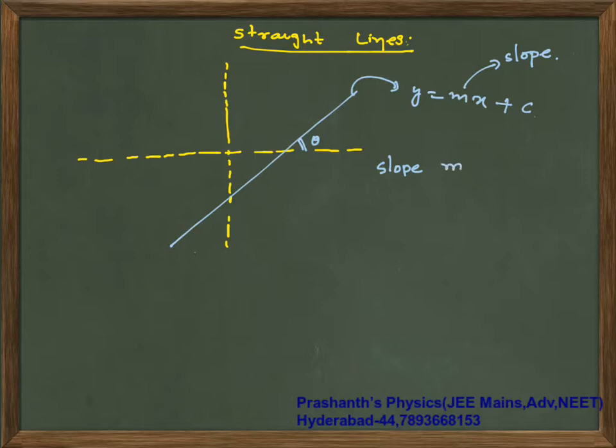This slope m is given by tan theta, if you are given the line equation.